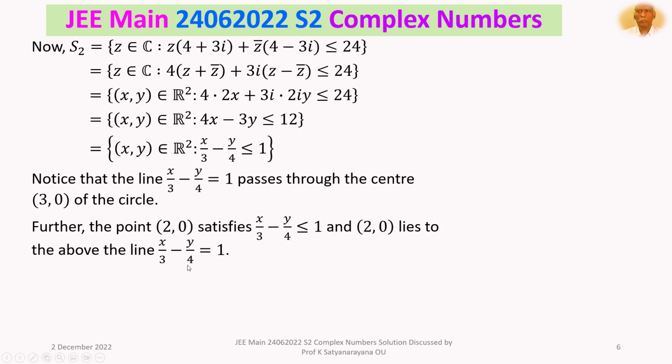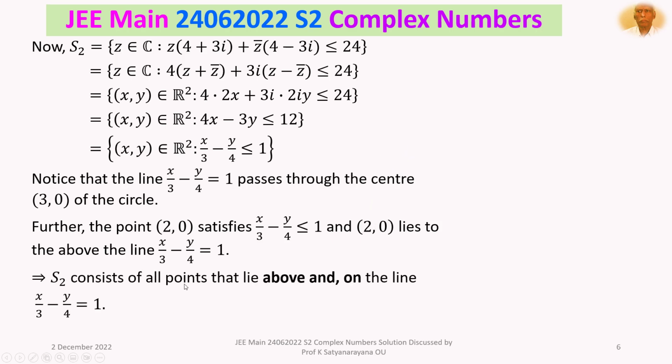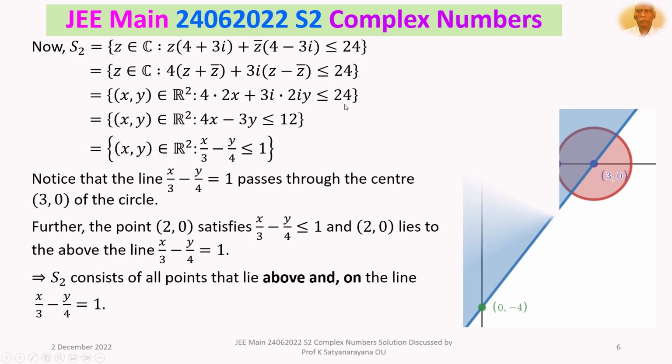Therefore (2, 0) lies to the left of x by 3 minus y by 4 equal to 1, and it lies above this line. So S2 consists of all points that lie above and on this line. This is the straight line x by 3 minus y by 4 equal to 1, and (2, 0) lies here and satisfies that inequality.